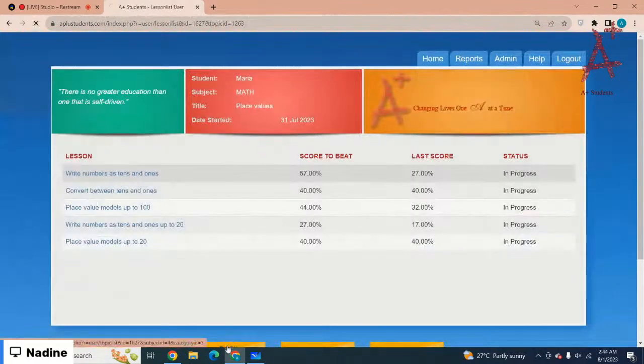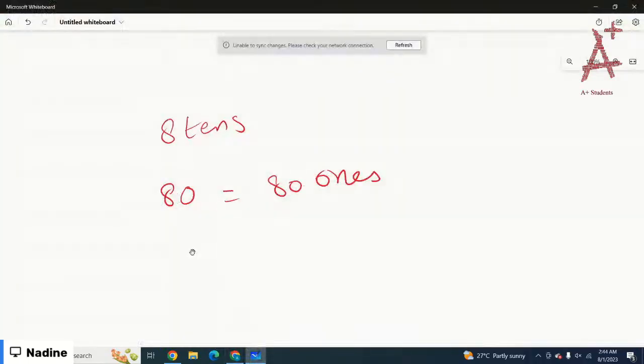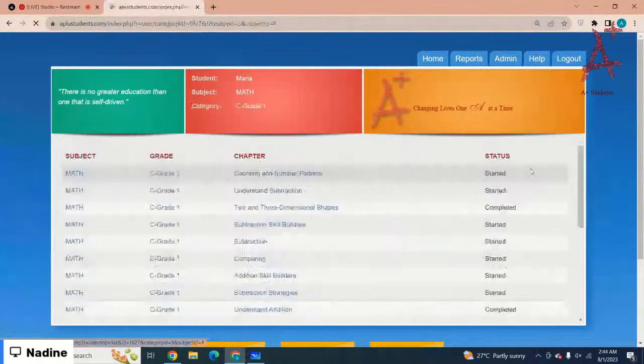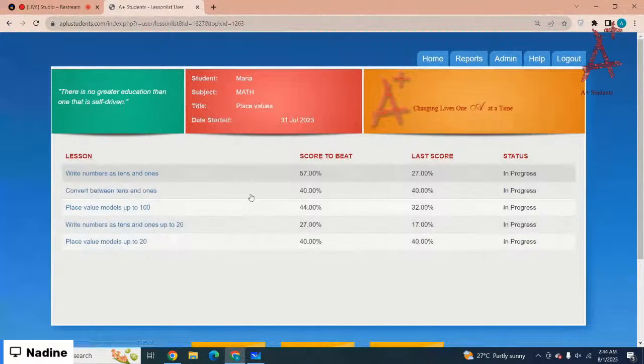The chapter we're working on is place values, and the lessons we have covered today are write numbers as tens and ones, convert between tens and ones, place value models up to 100, write numbers as tens and ones up to 20, place value models up to 20.